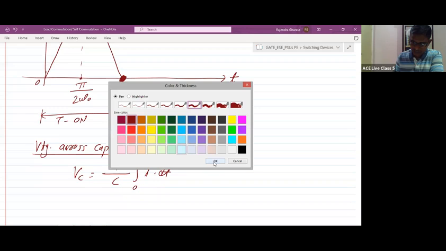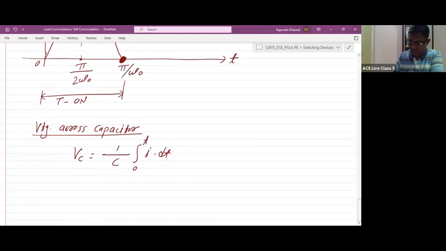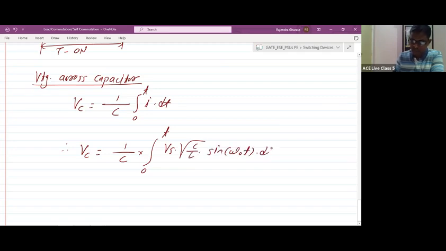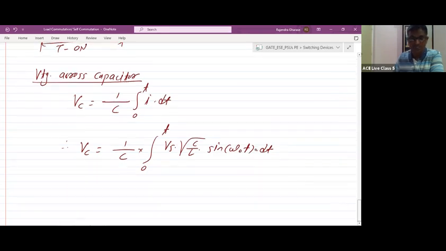Next, we can replace this I with the expression we have derived. So VC is equal to 1 by C integration over 0 to t of Vs under root C by L into sine of omega 0 t dt.